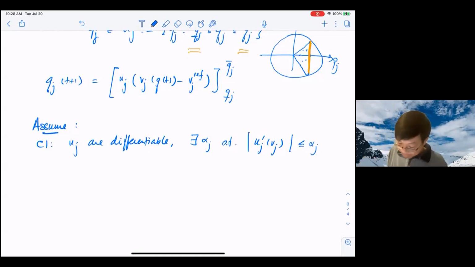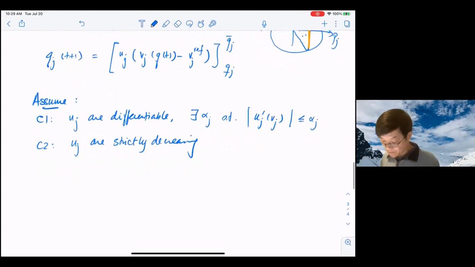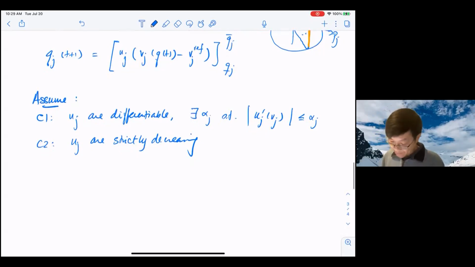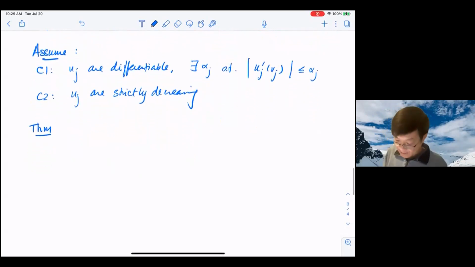Okay. The second assumption is that the uj are strictly decreasing, which is a common control policy in practice, where if you have a higher voltage, then you decrease your reactive power. Okay, so then you can show using this linearized model that there is convergence.